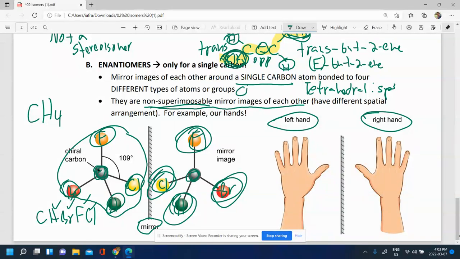So chiral carbon, tetrahedral or sp3 carbon with 4 different groups. And as long as you can identify a chiral carbon in your molecule, then you know that your molecule can have enantiomers. And that gives even more diversity.